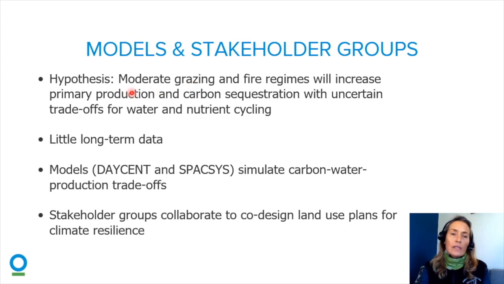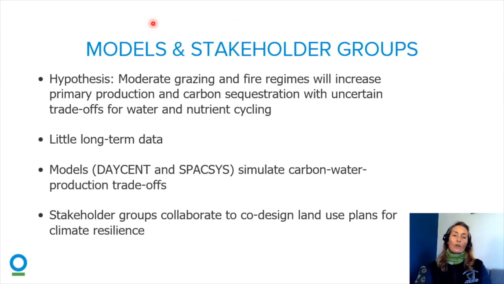So the idea is that if we shift from the continuous high-pressure grazing to moderate grazing and fire regimes, we can increase the primary production of grass and carbon sequestration via that grass sward with uncertain trade-offs for water and nutrient cycling.